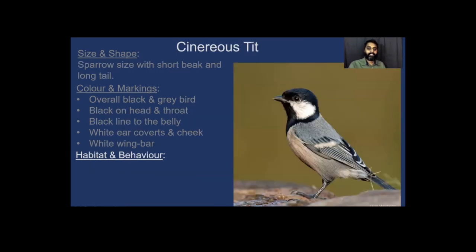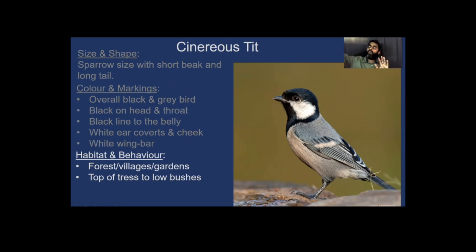Let's look at the sunbird. Habitat, again, forest, villages, and garden. And where in this larger habitat is trees, from the top of the trees all the way to the bottom. They occupy all the parts of the habitat.